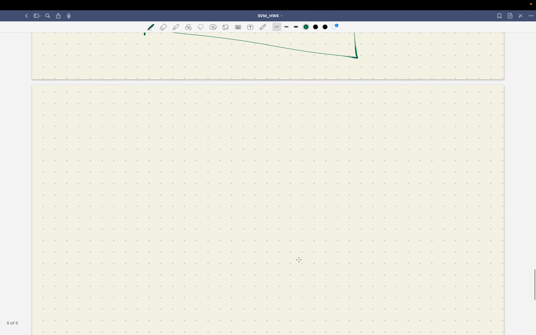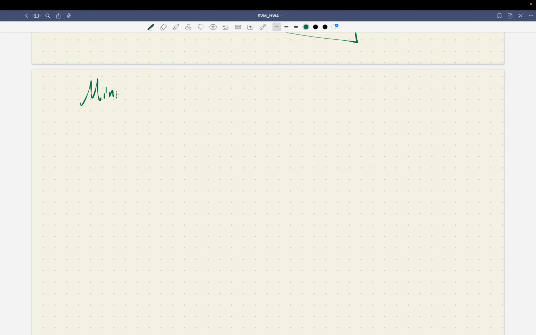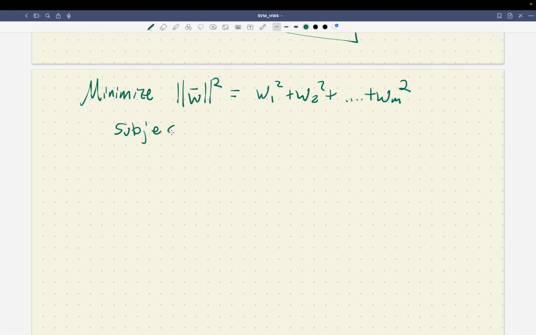Okay, so let's look again at the optimization problem. We want to minimize the norm of w squared. Remember that this is just w1 squared plus w2 squared plus up to wm squared. We want to minimize that subject to, and now there's going to be one constraint for every data point, y_i times (w transpose x_i plus b) greater than or equal to 1.